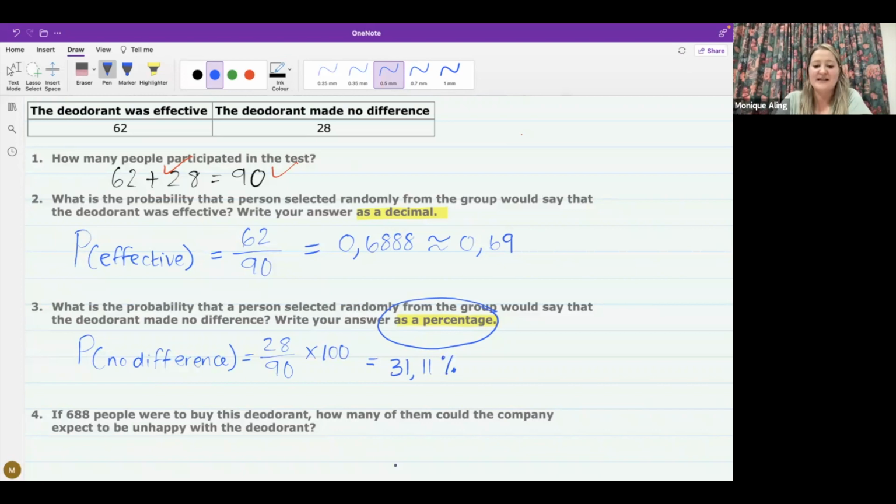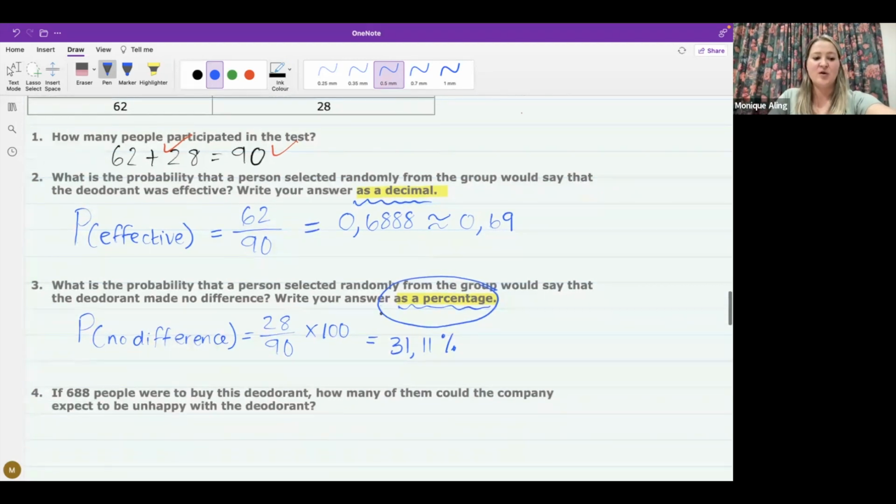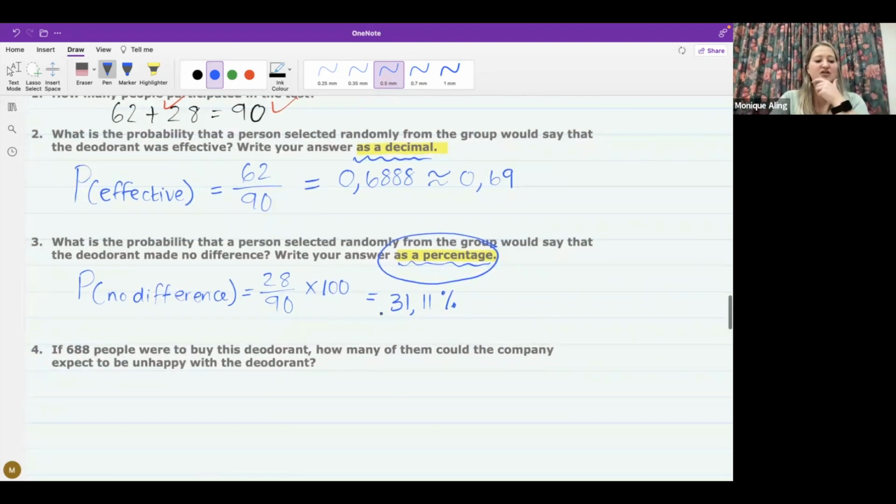Don't forget the percentage sign. And remember, 2 decimal places with percentages. The takeaway from this is, please make sure we are reading how they want the answer given. But for the most part, the working out was correct.